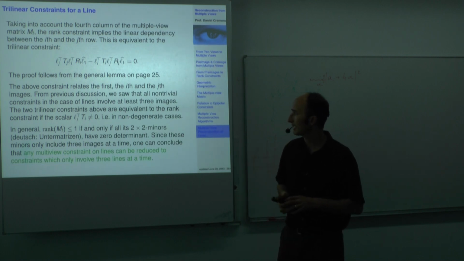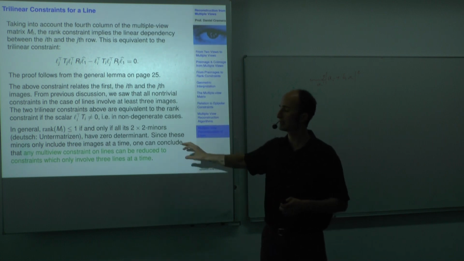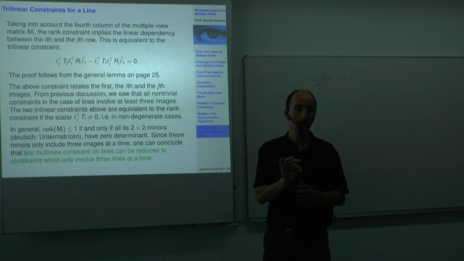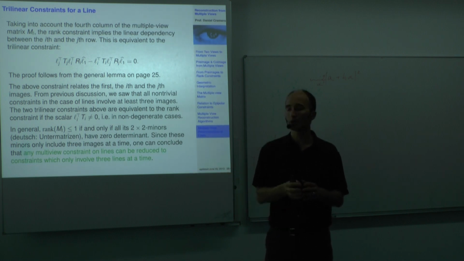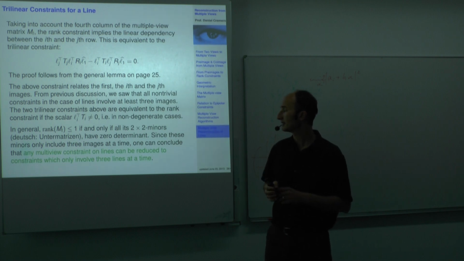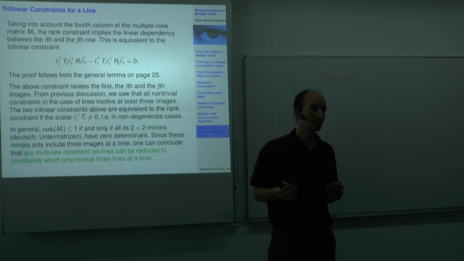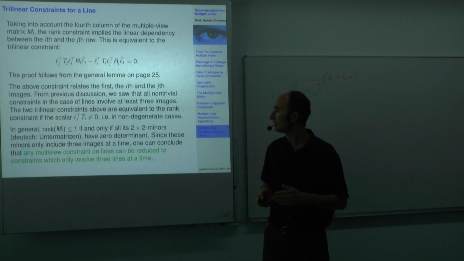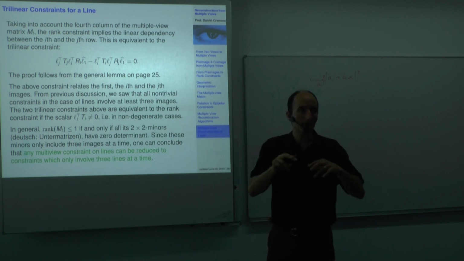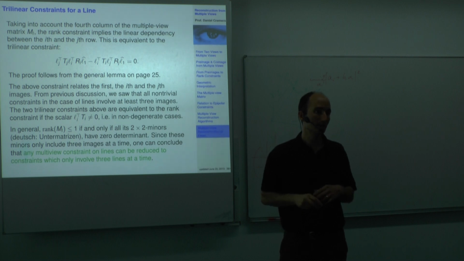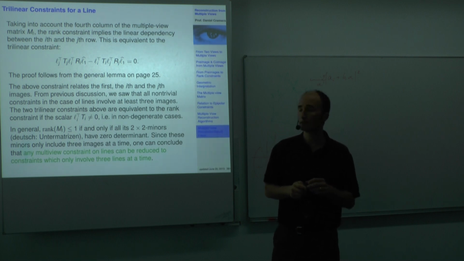And so what this actually tells us is that the multiview constraint on matrices can be reduced to constraints involving only three lines at a time or 3 images at a time. Meaning I don't actually gain more by considering 4 images simultaneously. If I take 3 images and all possible triples of images, then I have all the information I need.